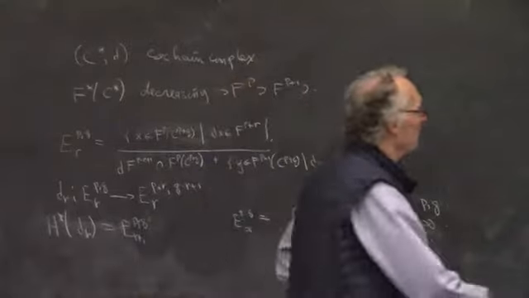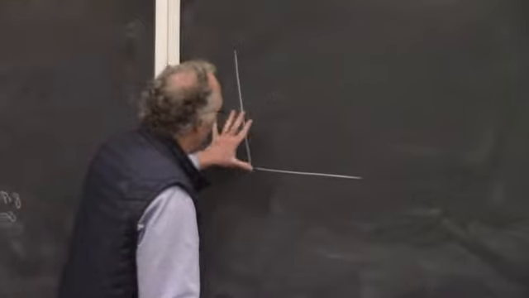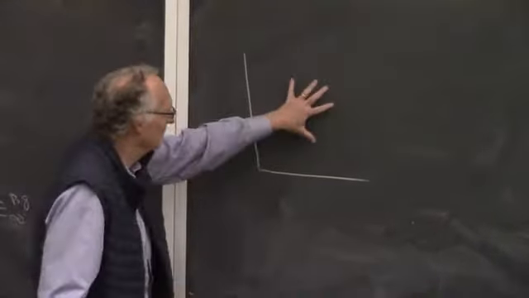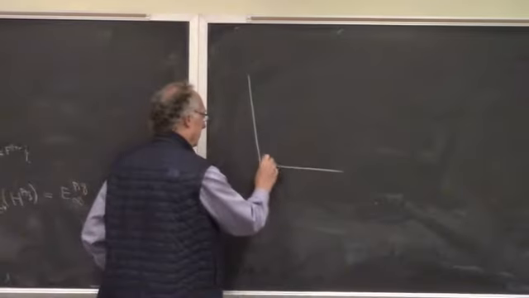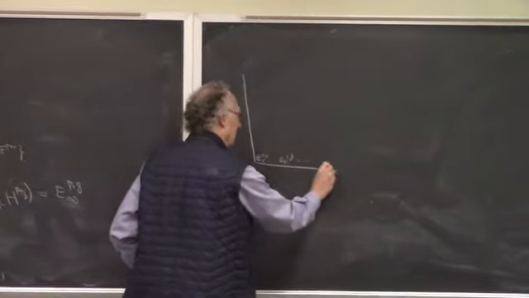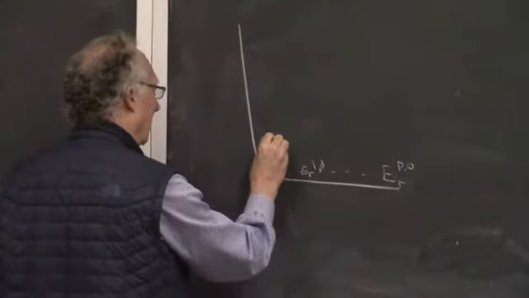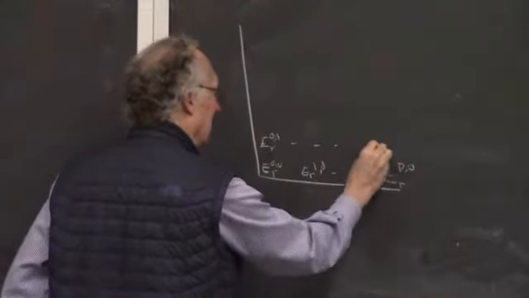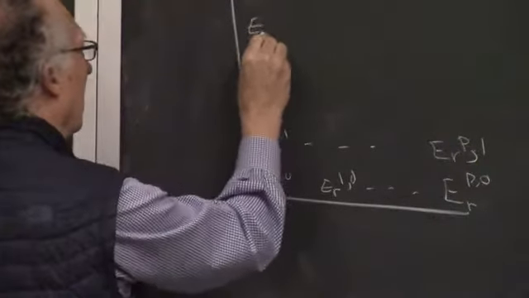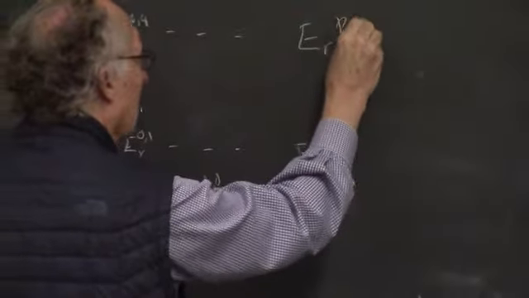So if we think of the spectral sequence as being a sequence of pages, and I'll think of a first quadrant spectral sequence, so the page has only terms here, so we have E_r^{0,0}, E_r^{1,0}, E_r^{p,0}, E_r^{0,1}, E_r^{p,q}.